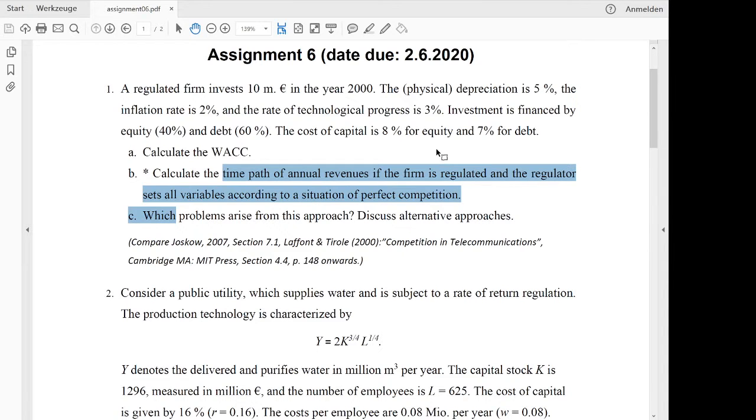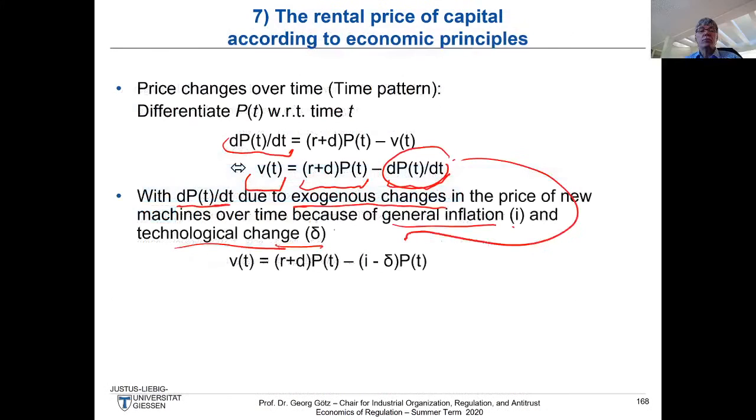That's where you are going to, with the 10 million and so on, where you're going to solve that. Okay, hopefully this is clear somehow.